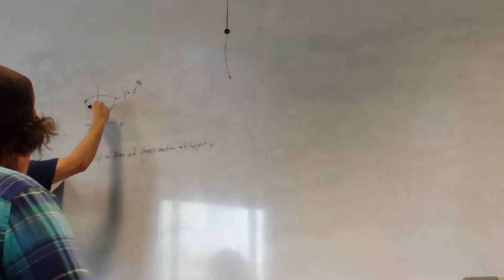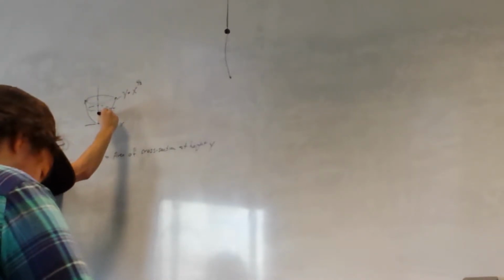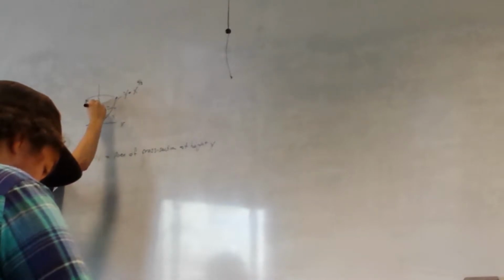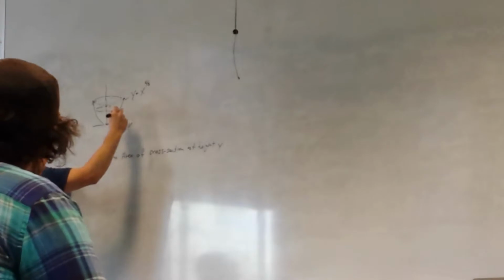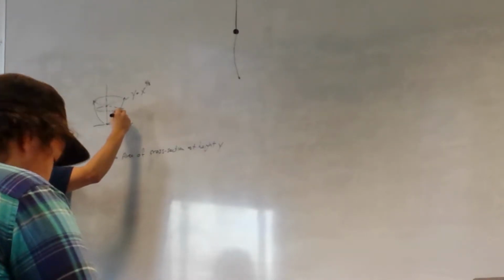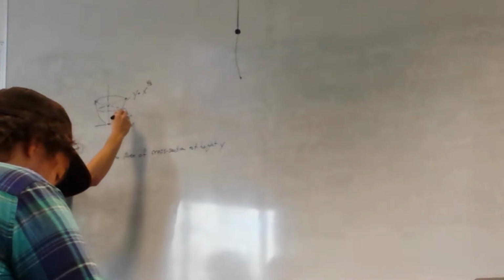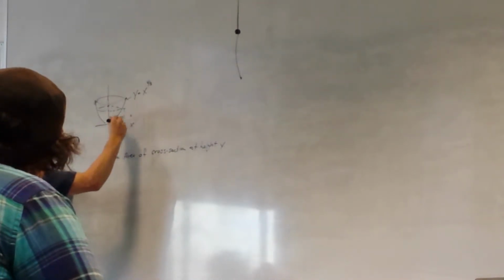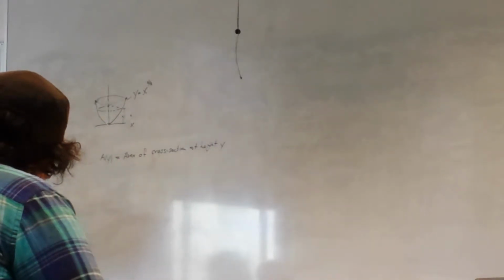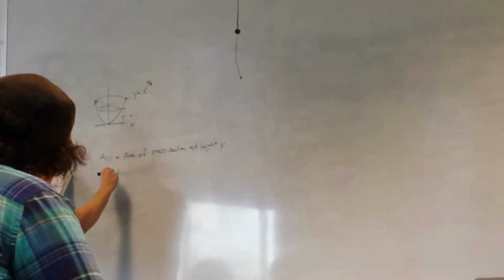So the water, after it's been draining, we can define this to be the height y at time t. A of y represents the area of a cross section, and t is just time.